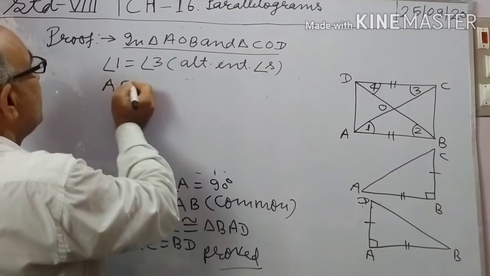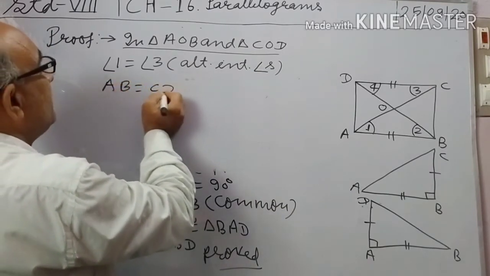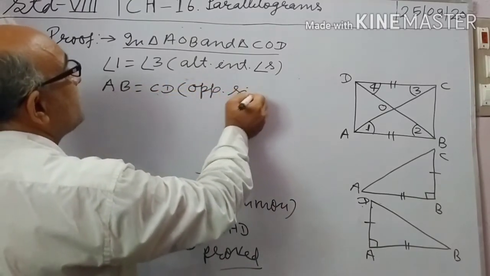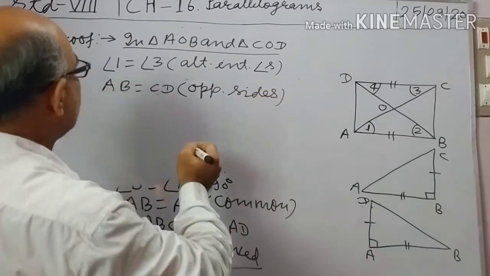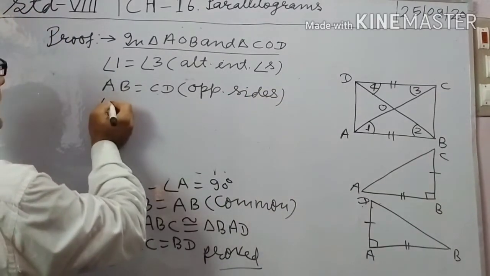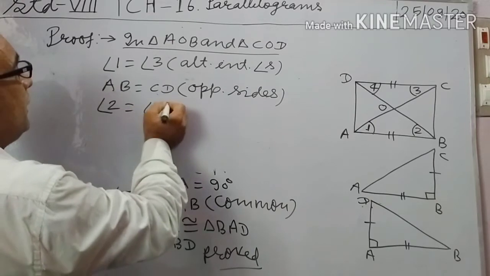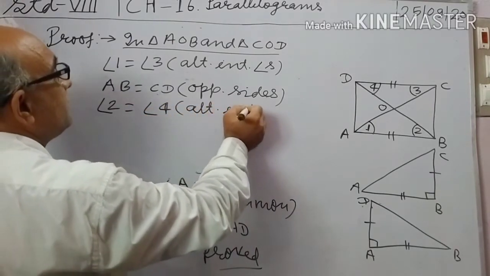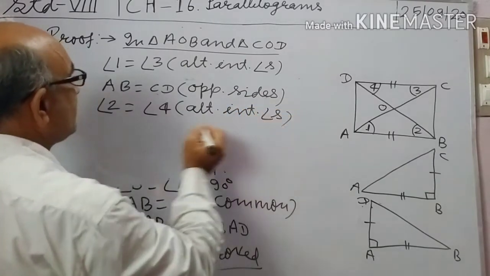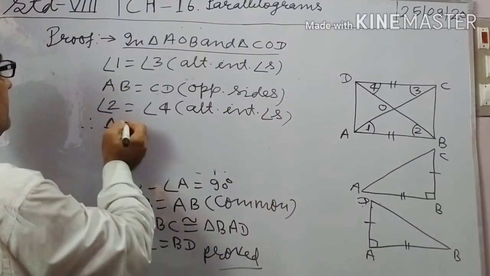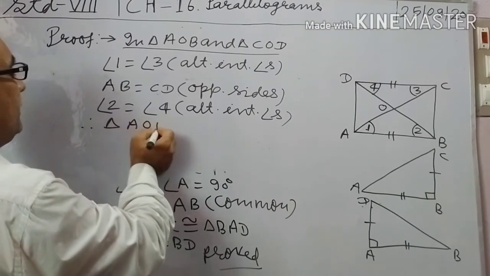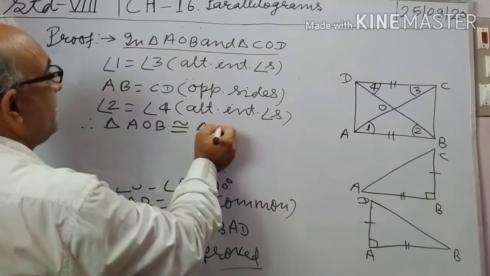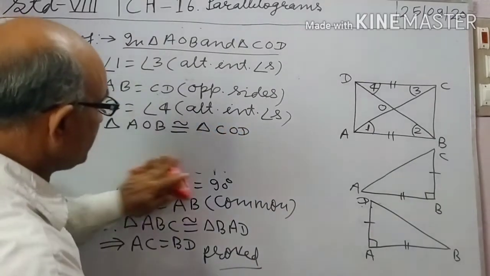And AB equal to CD, opposite sides are equal. And angle 2 equal to angle 4 also, alternate interior angles. Therefore, triangle AOB is congruent to triangle COD.